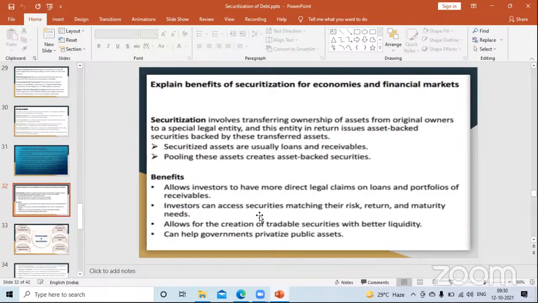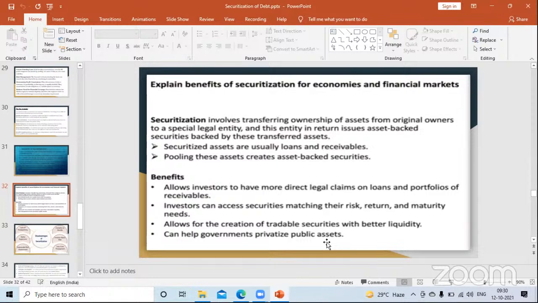It allows for creation of tradable securities. It means now assets are converted into securities which can be traded, and you can receive cash. You can generate cash from such assets. So it creates liquidity.